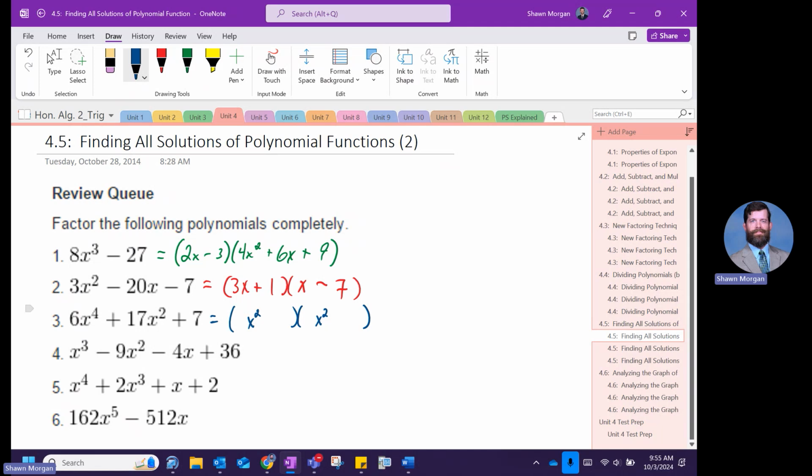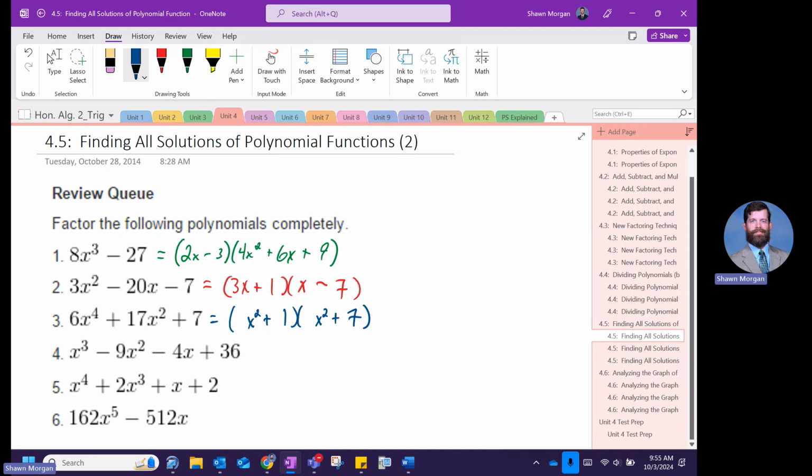Okay. Now, along those same lines, I look at 7 and I think, oh, well, 7 is prime, so it's only going to be able to be a 1 and a 7. And then with regards to 6, I'm just doing guess and check at this point. I'll show you magic in just a moment.